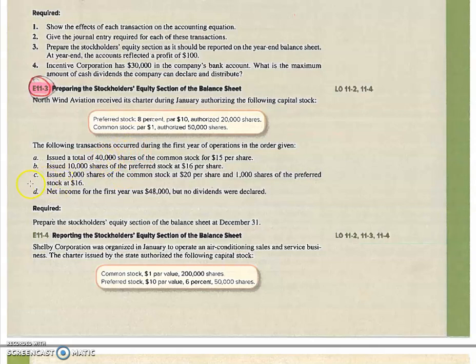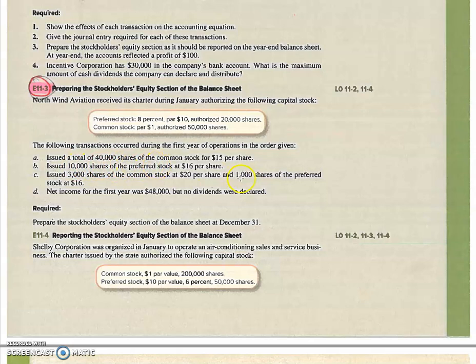Now preferred stock, and they list preferred stock first, so I should have started with that. We issued 10,000 shares at 16 and then another 1,000 shares also at 16. So we have 11,000 shares of preferred stock issued.